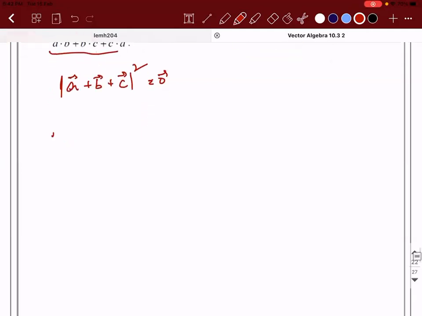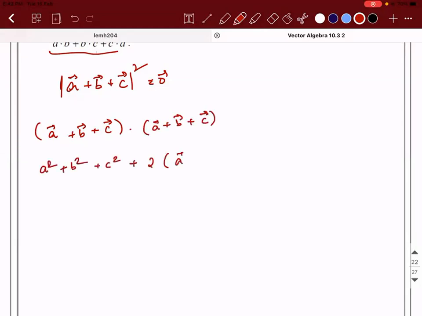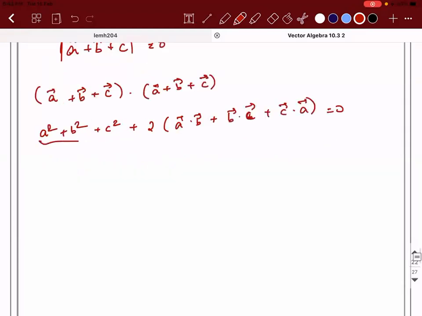So when I do the dot product of (a vector plus b vector plus c vector) with itself, what I'll get is a square plus b square plus c square plus 2 times (a vector dot b vector plus b vector dot c vector plus c vector dot a vector) is equal to 0. So a square plus b square plus c square is 3.